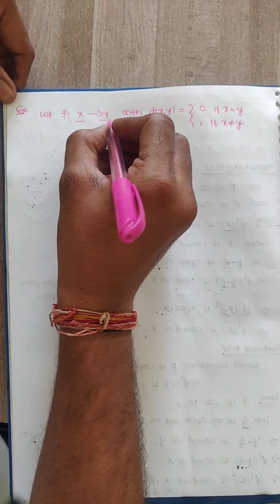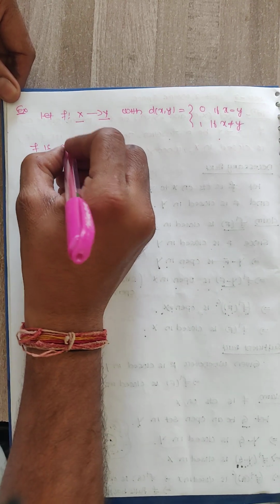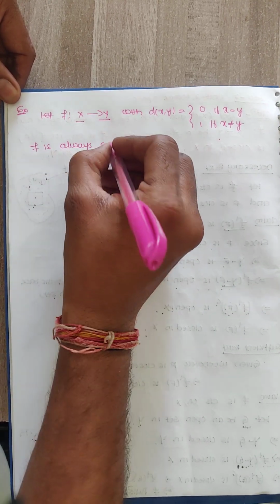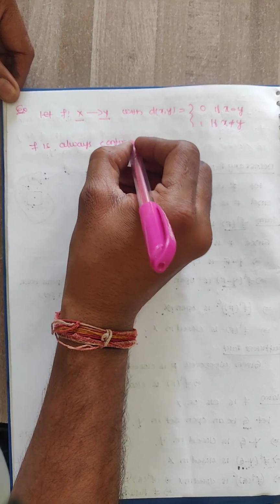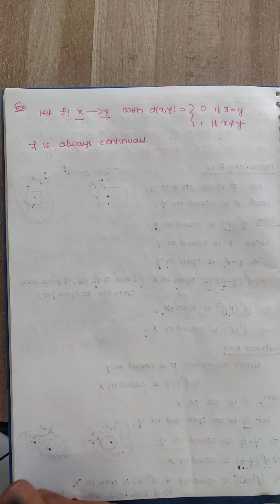Whatever may be the metric space X and Y with the discrete metric, f is always continuous, irrespective of what is taken X and Y.